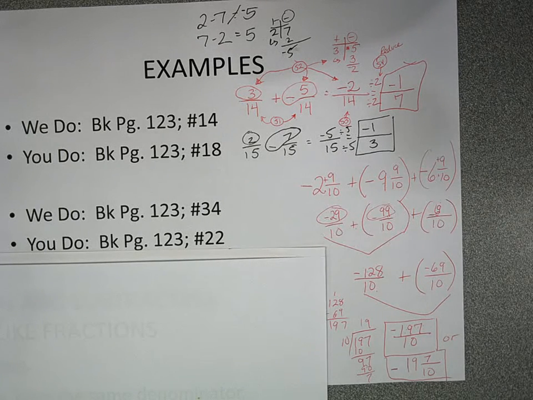All right, guys. So 30 seconds. Go ahead and share with your neighbor. Go. I got negative 189 over 13.